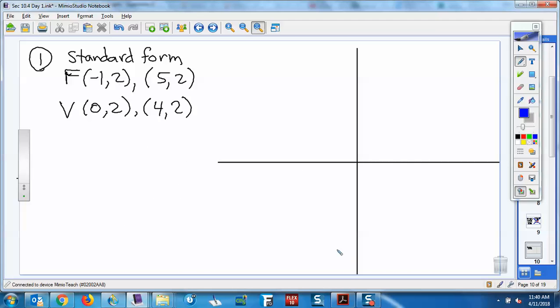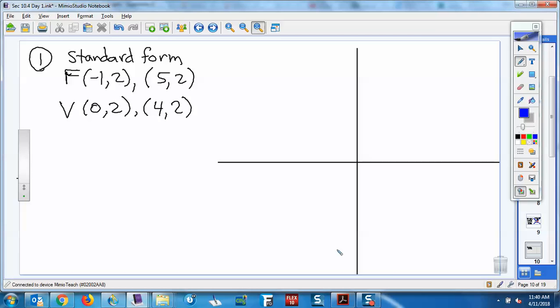All right, so make yourself a little XY axis here and plot those points and figure out all the different information you can glean. See what all information you can get out of it if you just know that much right there.